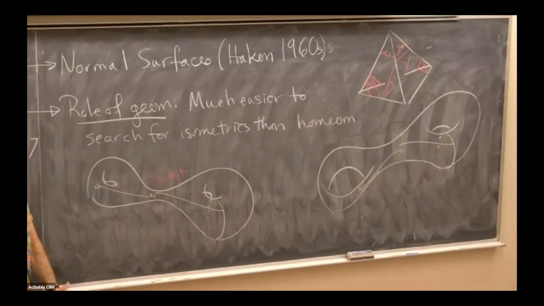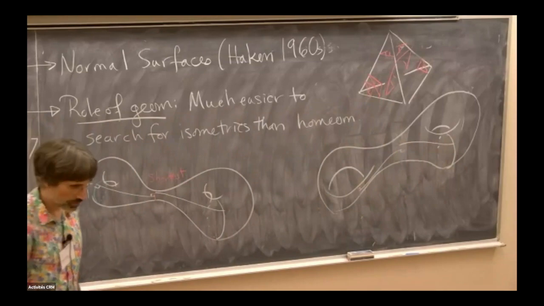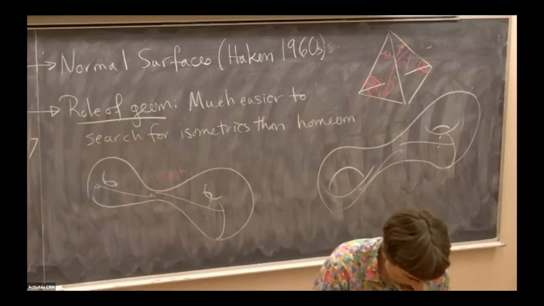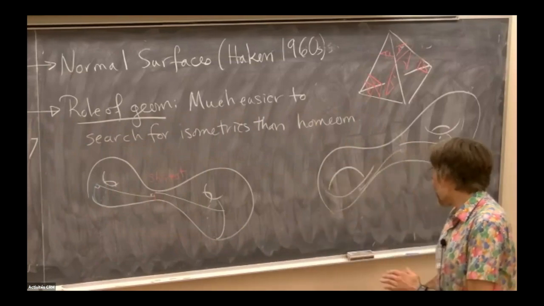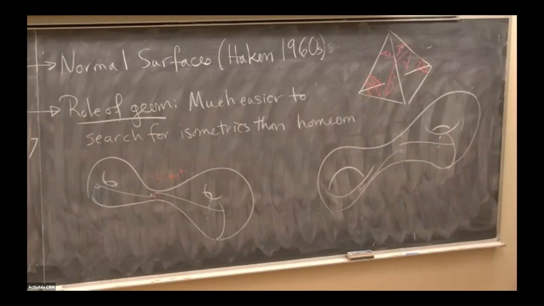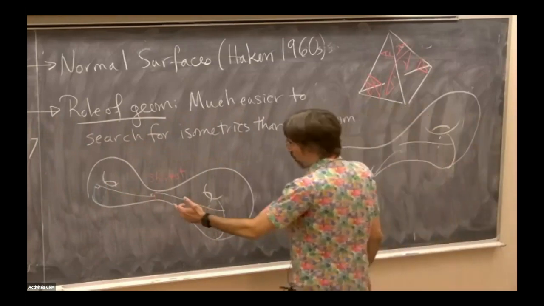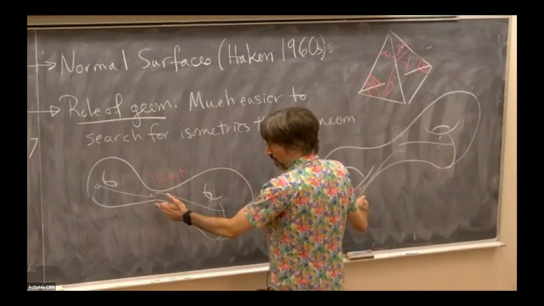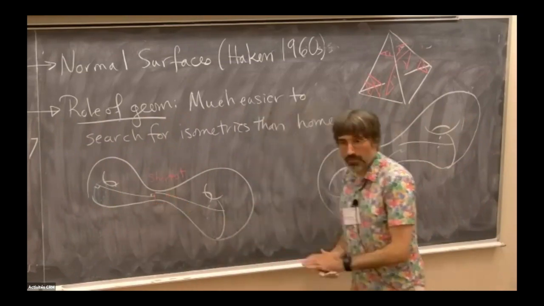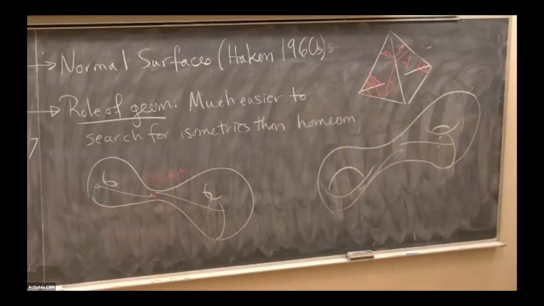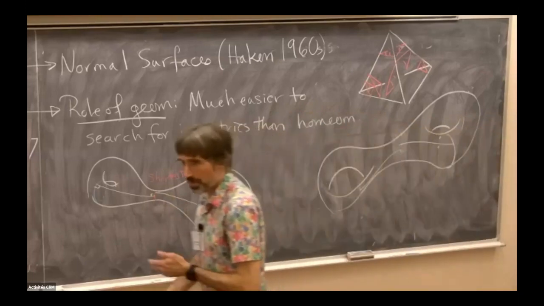Other questions? The red curve is separating on the left and not on the right. Yeah, right. In this case, I could have already said, once I identified the shortest curves, that they were different, because this is trivial in homology and this isn't. But because this is the wrong dimension, I didn't want to say that. Yes.